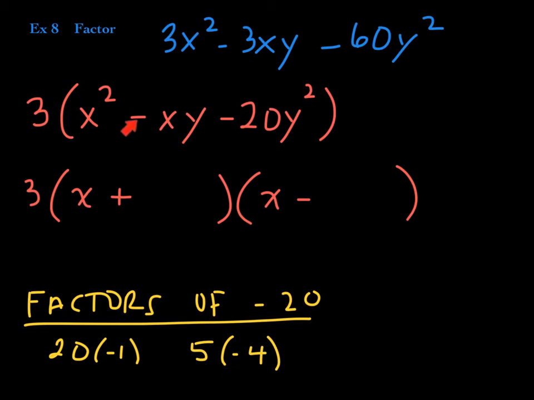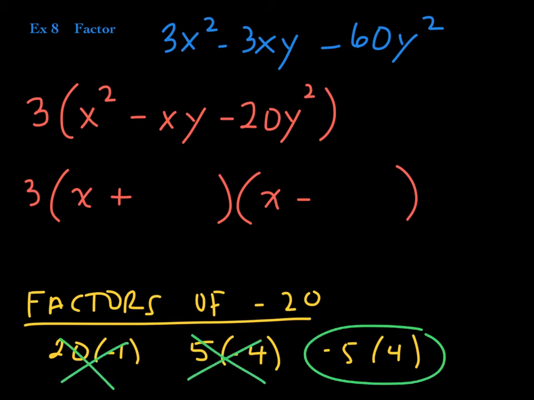We want negative 1. So I think the signs are wrong. How about negative 5 and positive 4? When you add these two, you get negative 1 as a middle coefficient. So then this is the correct pair of factors. So you can see 5 is the negative factor and 4 is the positive factor. Like that.